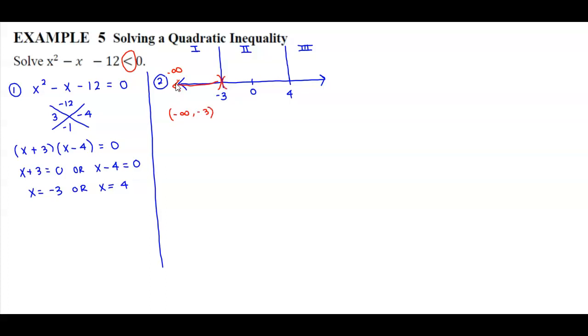Region 2 goes from negative 3 to positive 4. And region 3 goes from positive 4 to positive infinity.